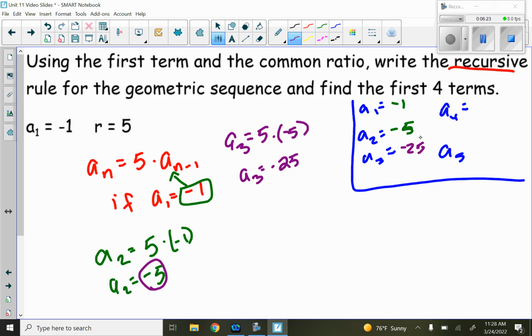Right? So find the fourth term. For the fourth term, we take our common ratio, 5, and we multiply it by negative 25. And we should get negative 125.